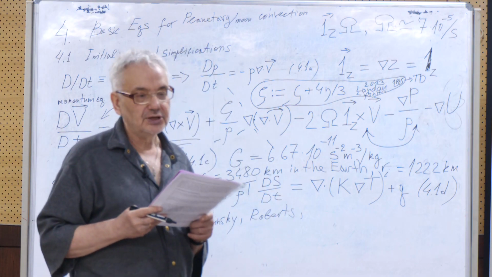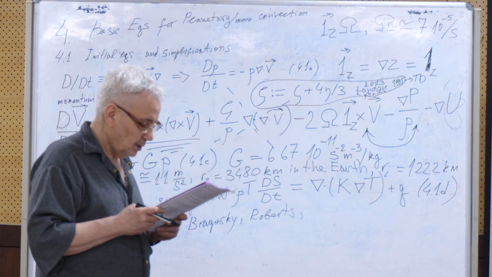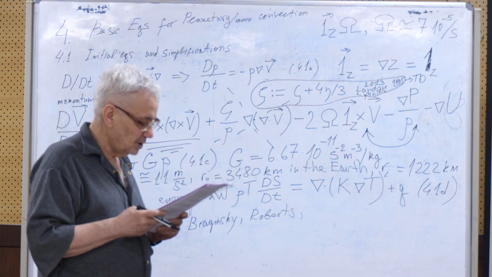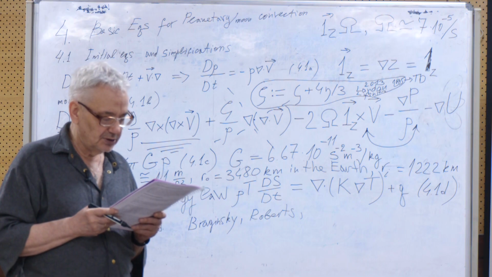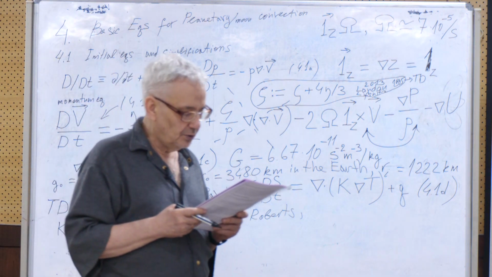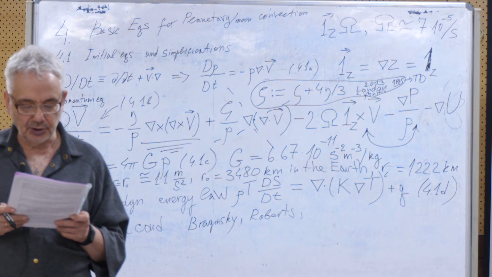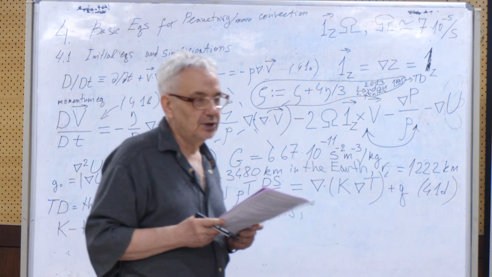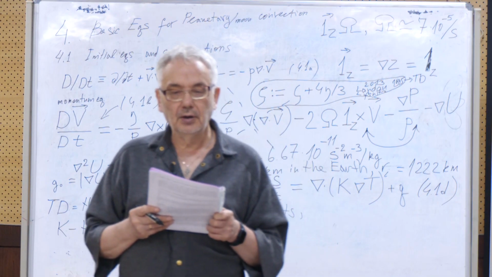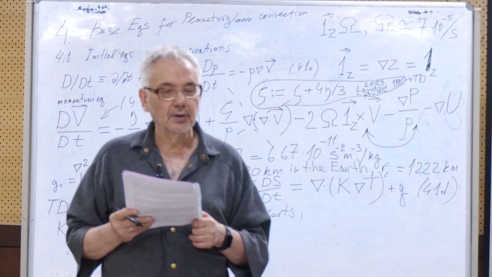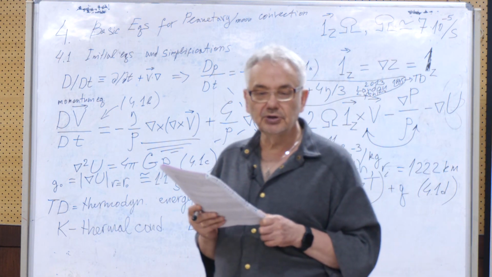but much better to use entropy and density as the main thermodynamical variables, since the deviation from the adiabatic state is extremely small, so why not? It's much better to use entropy as the main thermodynamical variable, just because the deviation of the entropy from the entropy value which corresponds to the adiabatic state is very small.